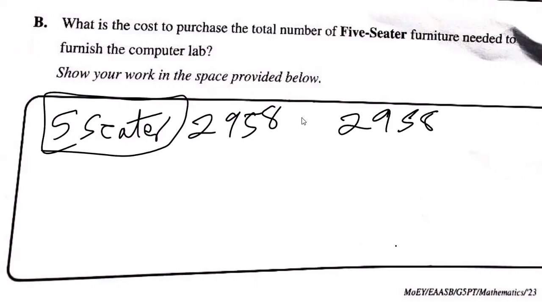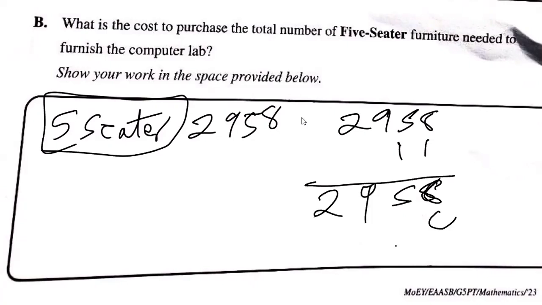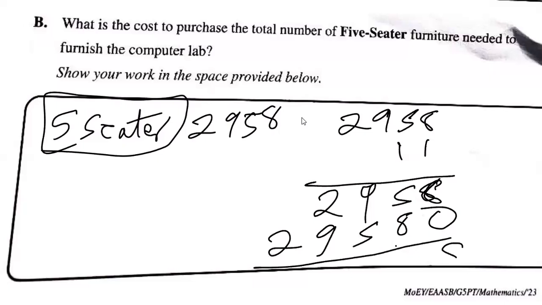So 8 times 2,958... 8, 5, 9, 2. Put a 0, and I get the same thing. And we add this: 8, 3 carry 1. 5 and 9, 10, and that 5 carry 1. 9 and 2, 11, and 1, 30.